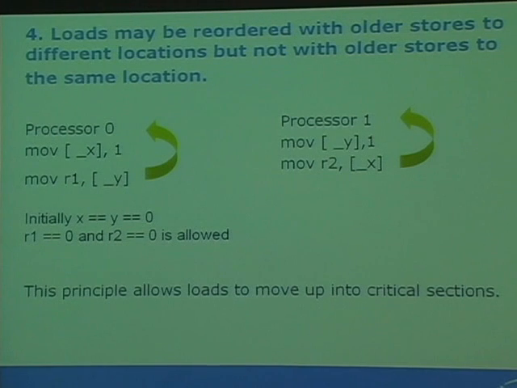Okay, so that actually is allowed by the memory model. If you want to prevent this from happening, memfence is the instruction you want to insert between the store and the load, and that will suppress this behavior.